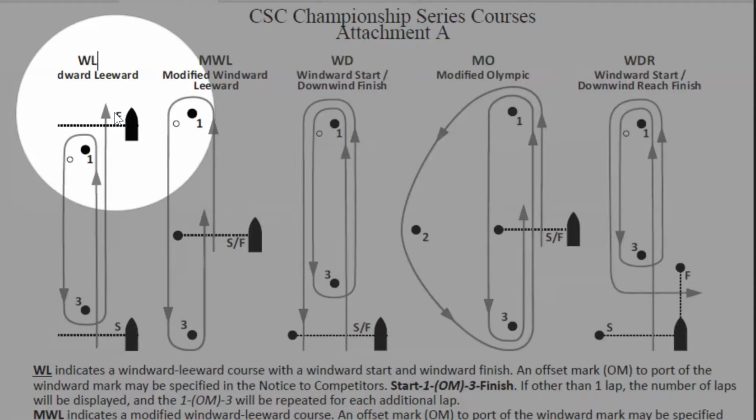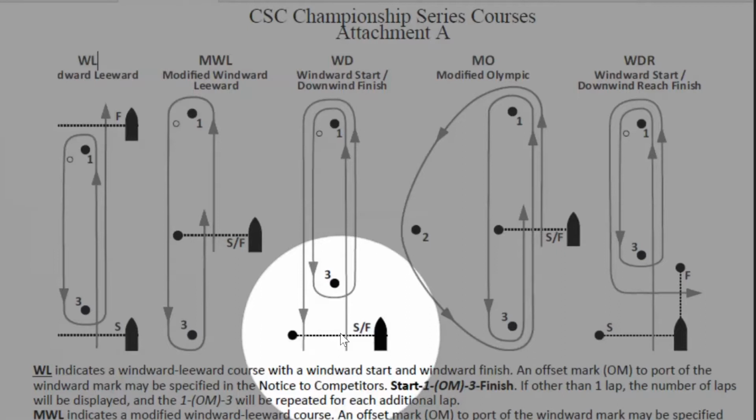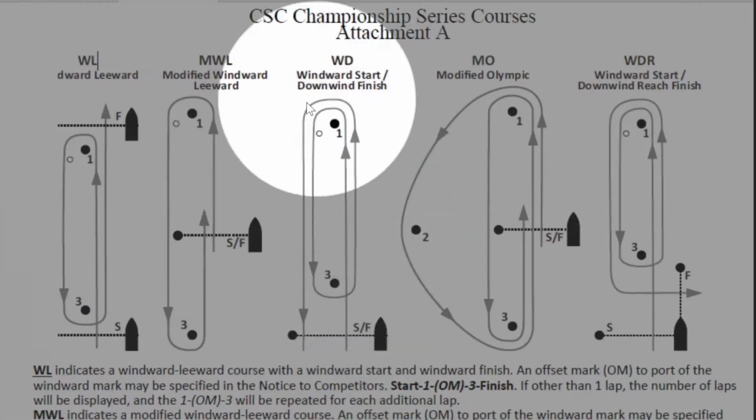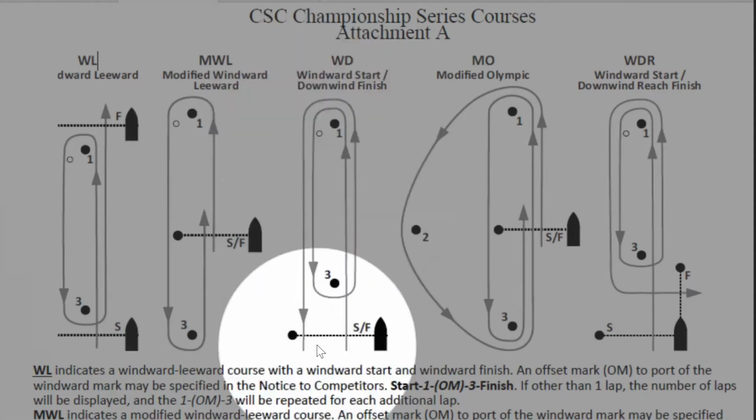Now that's a nice course and it has a lot of advantages, but it requires you to have a separate finish line from start line. So for small clubs like ours, we typically move to a different course where either the start and finish line is at the leeward end of the course. You start and go up around, down and up and down again to finish.